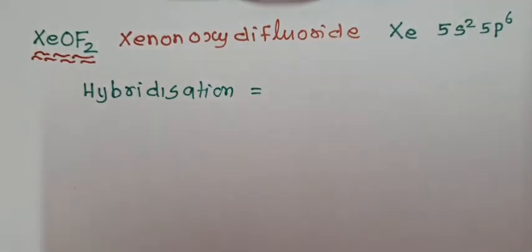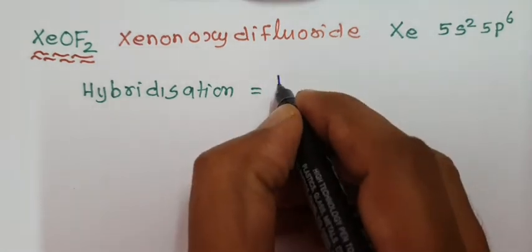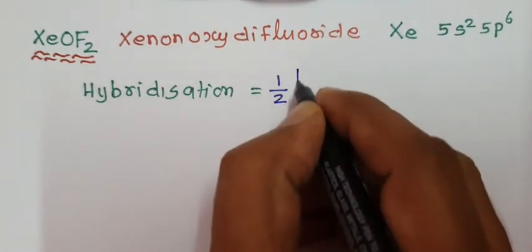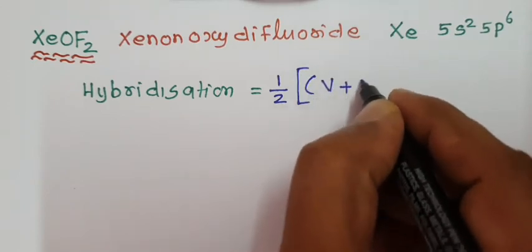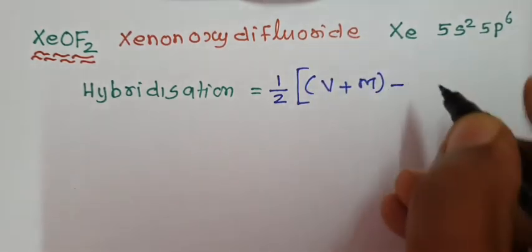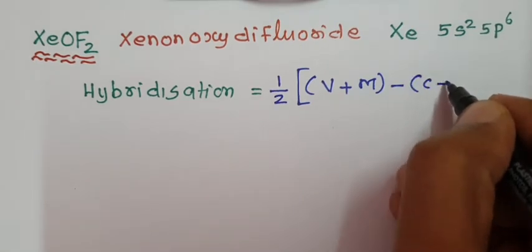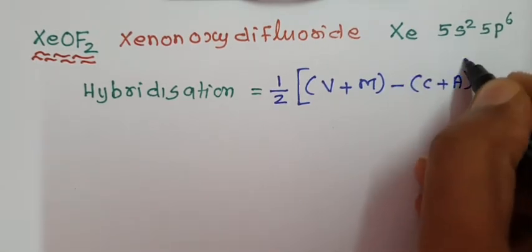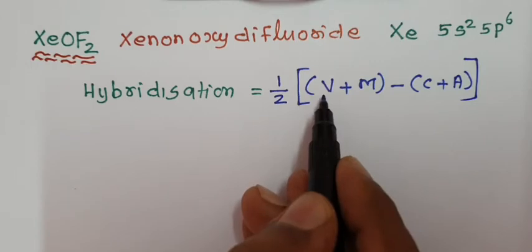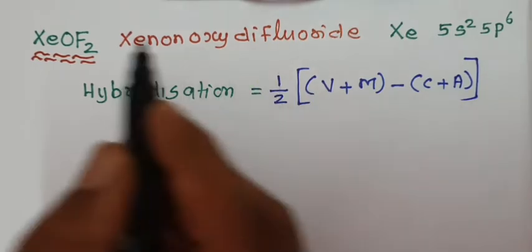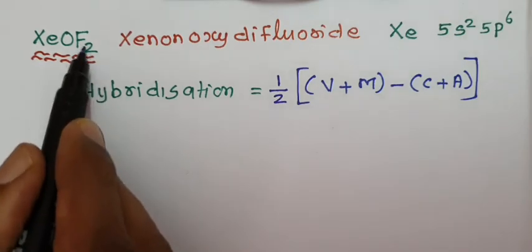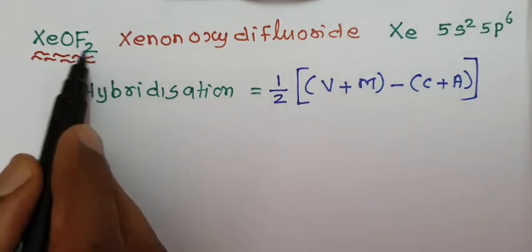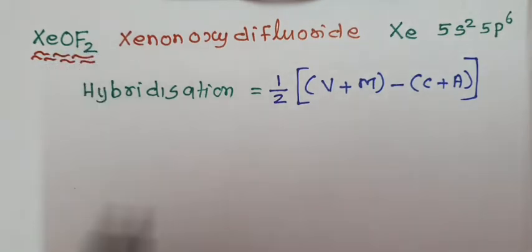Hybridization equals 1 by 2 into V plus M minus C plus A. V is the number of valence electrons in the central non-metal atom. M is the number of monovalent atoms. Oxygen is bivalent, fluorine is monovalent.